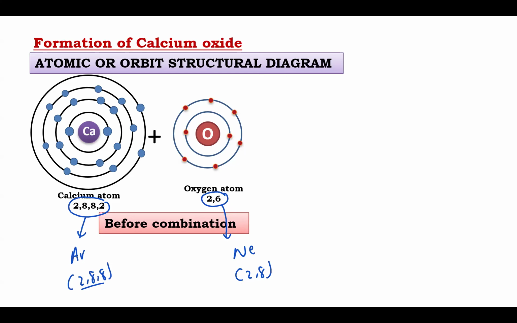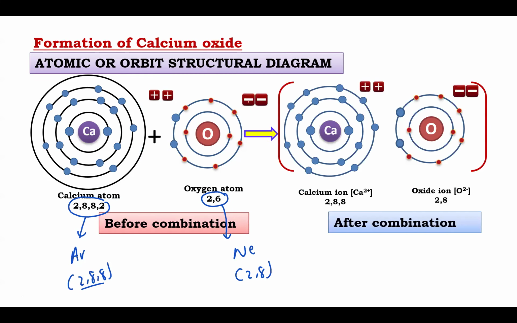So now calcium has to donate 2 and oxygen has to gain 2, right? So calcium's two electrons will go to oxygen. Look, they are going, and then they all will be stable. So this is 2 plus and this will be 2 minus, right? This is again ionic bond only. Electron is getting transferred. Easy.